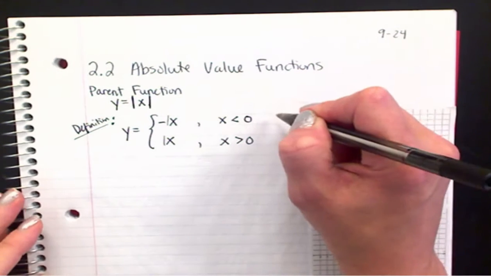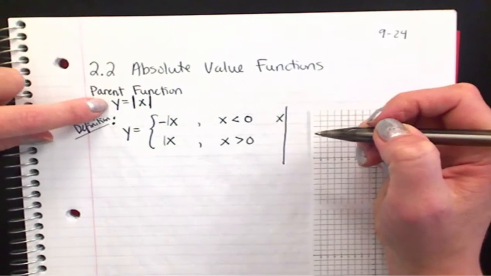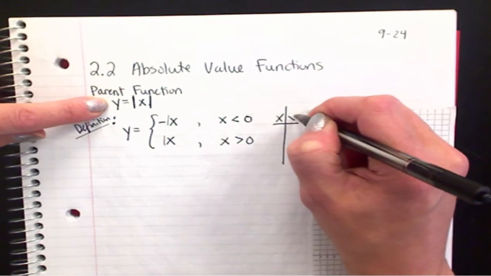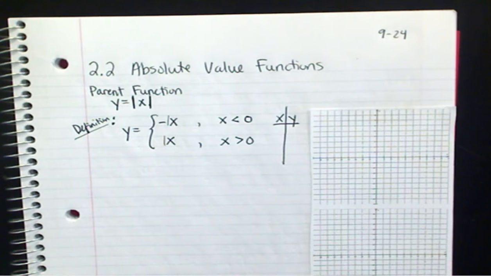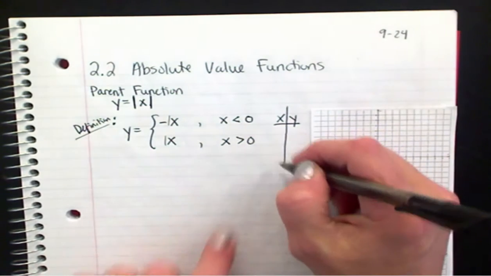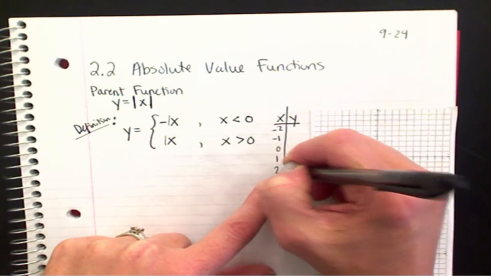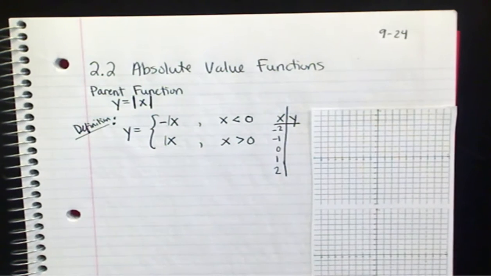We're going to make a table of values that goes with both the parent function y equals absolute value of x and the piecewise graph. These two things are equal. They are exactly the same. Okay? So we're going to plug in the points from -2 all the way to +2, and then we're going to graph them.